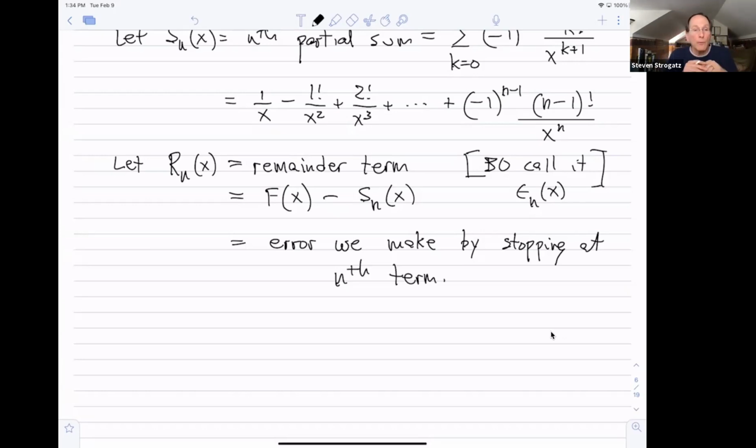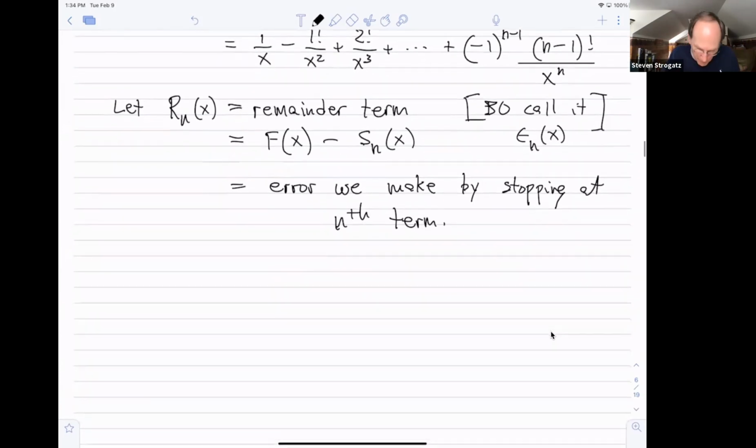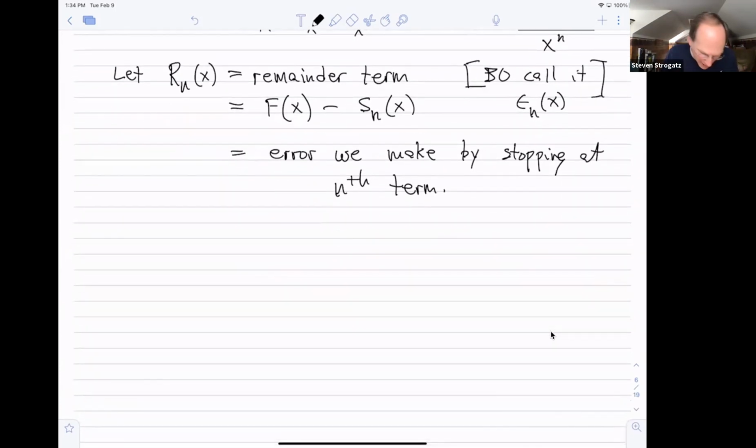Now, what we would like to do is estimate the remainder, because we want to see how close we are getting to the exact answer, which at the moment is still an unknown number. So let us estimate the size of the remainder term without calculating it exactly. Let's deal with f more carefully now.